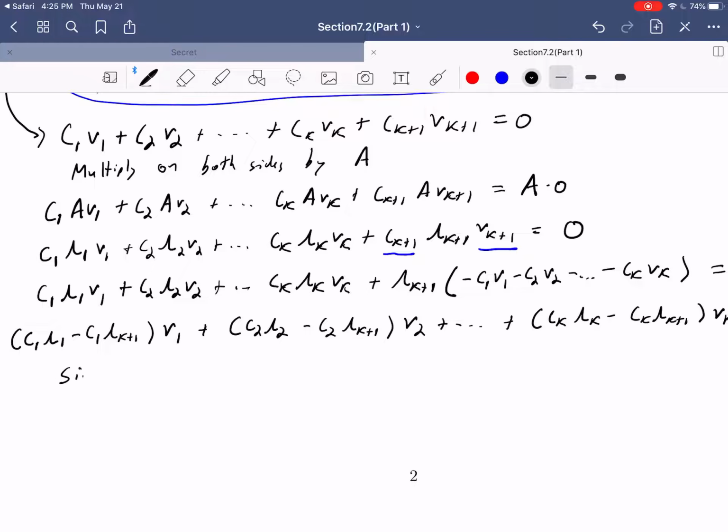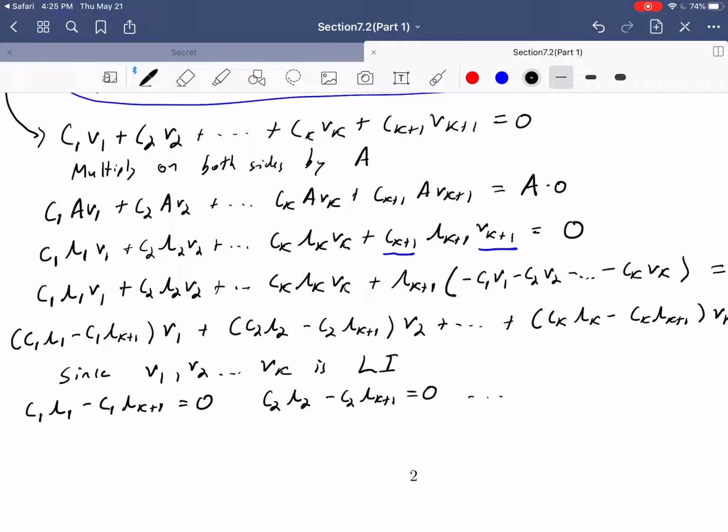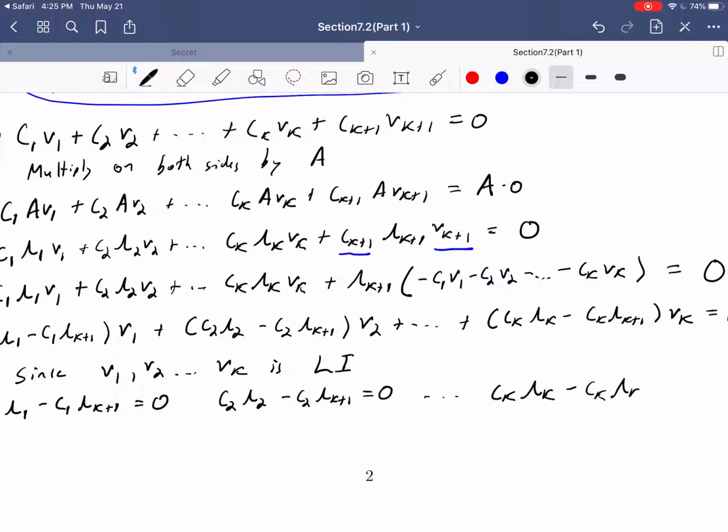So since v1, v2 through vk is linearly independent, that tells us that c1 lambda 1 minus c1 lambda k plus 1 equals 0, c2 lambda 2 minus c2 lambda k plus 1 equals 0, all the way down to ck lambda k minus ck lambda k plus 1 equals 0.